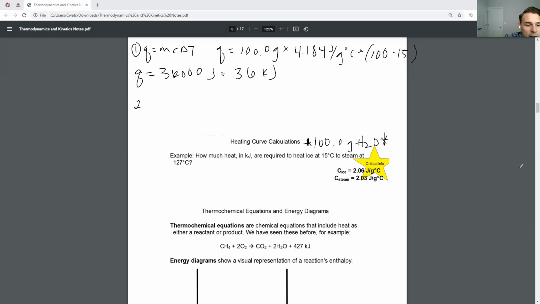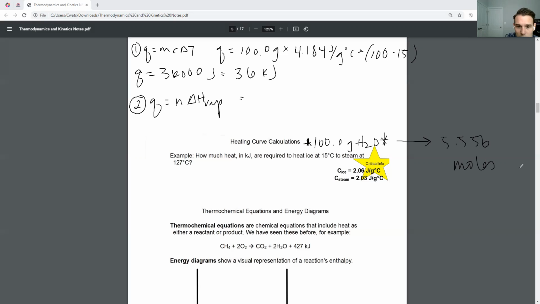Second step is the phase change. 100 grams of water, when you convert that into moles, we did this previously, it was 5.556 moles. Okay. So we're going to do Q equals n delta H, and this is vaporization.